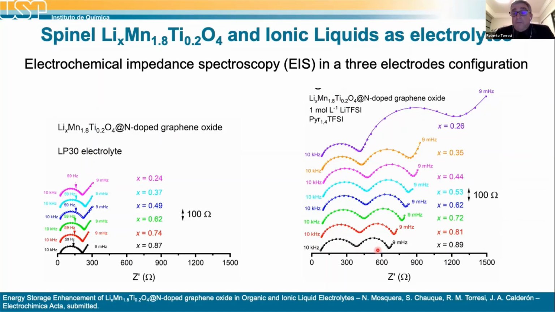That is nice. And after it, you have again the redox reaction of lithium intercalation. So this shows that you have the SEI formation, and the SEI formation is of a different nature than in the case of the organic solvent.